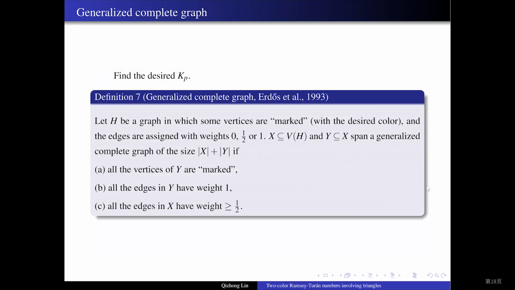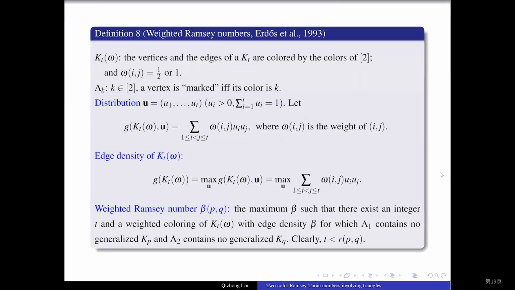And the following is a generalized complete graph defined by Erdős and Sós. So for a colored and weighted complete graph K_t^ω, in which each edge is assigned weight 1 or 1/2.